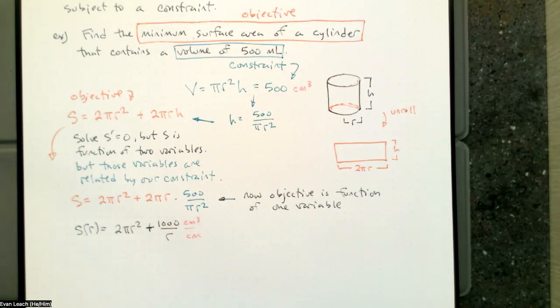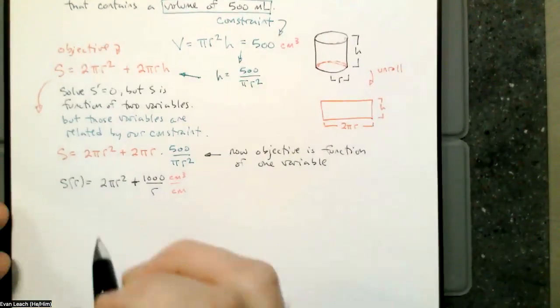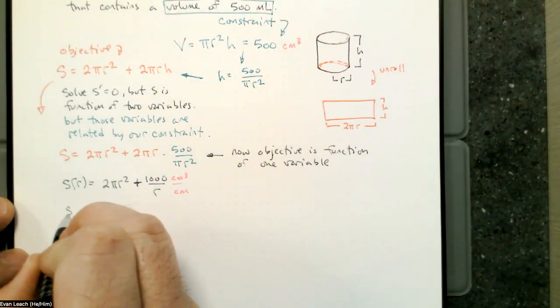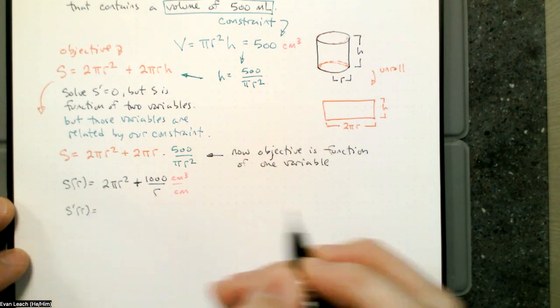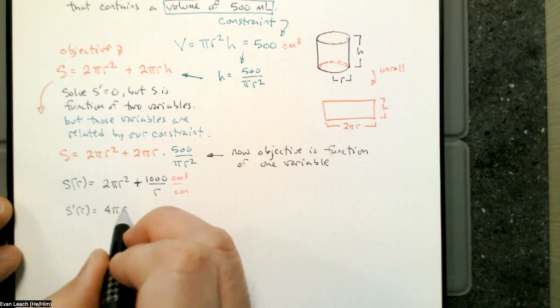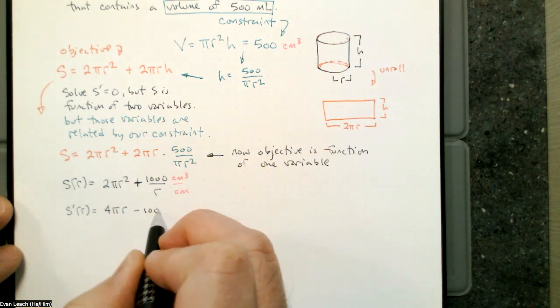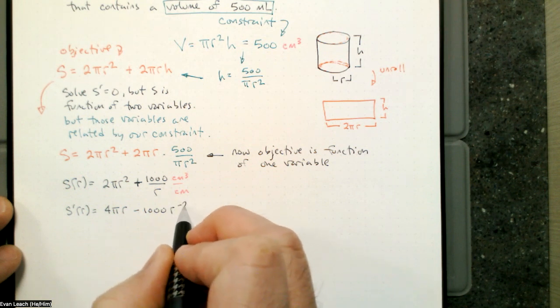Now we can just enact our normal strategy for optimizing a function. So find ds/dr is going to be 4 pi r. And this is 1000 r to the -1. So minus 1000 r to the -2.